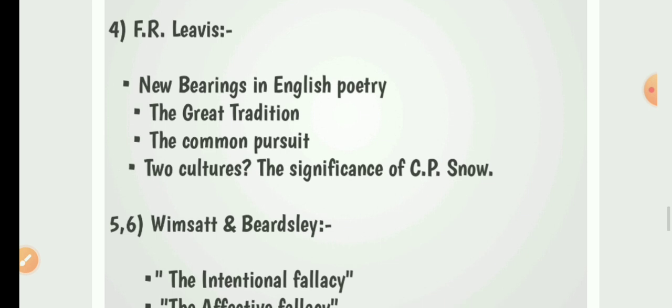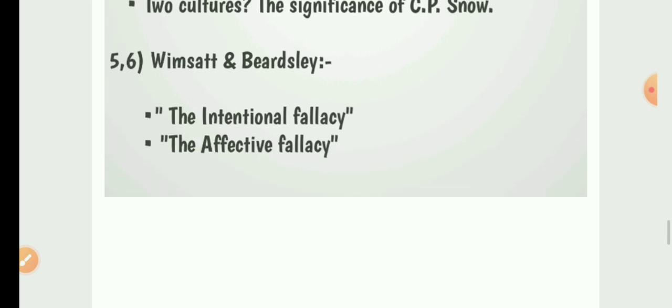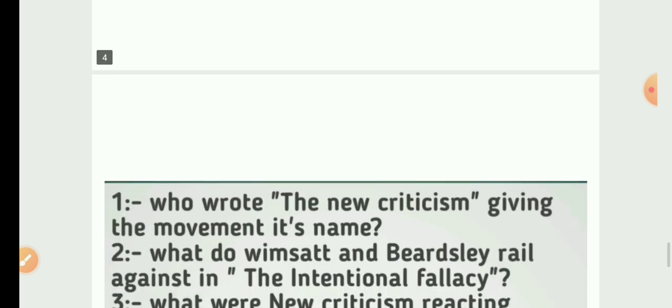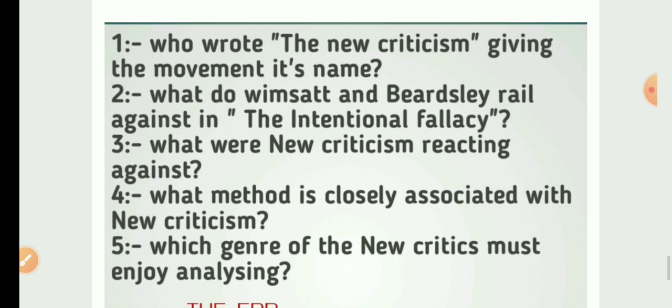And lastly, I am going to discuss some questions UGC will probably ask. So the questions are: who wrote The New Criticism, giving the movement its name? And what do Wimsatt and Beardsley rail against in The Intentional Fallacy?